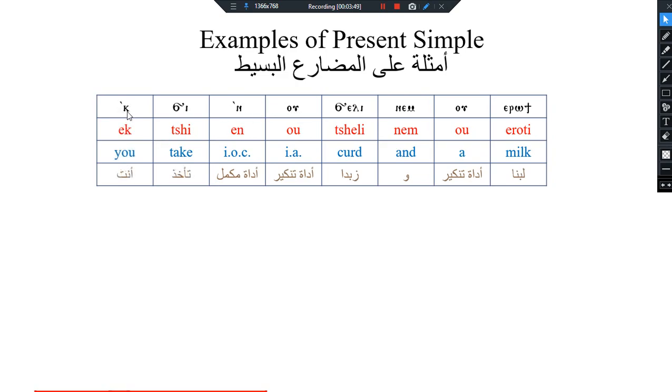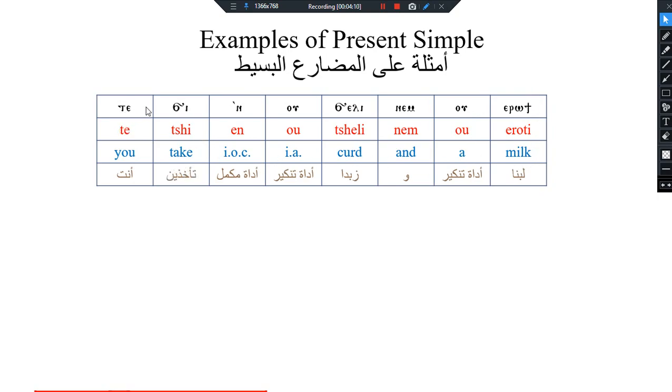Here's the same example with ek, it means you: ek-chi en ou-celi nem ou-eroti. Ek, you; chi, take; en, indication of complement; ou, a; celi, curd; nem, and; ou, a; eroti, milk.